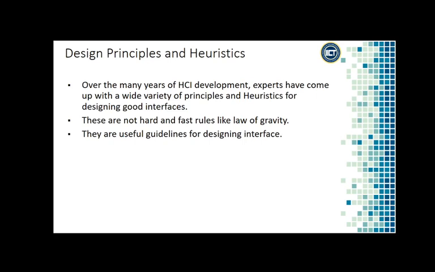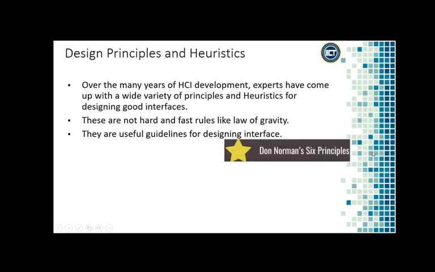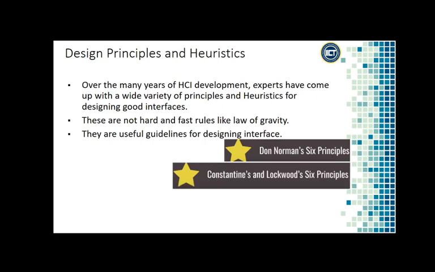So one popular name in HCI is Don Norman, and Don Norman provided 6 principles, and we'll see what those 6 principles were. Another set of principles which we are going to talk about in this lecture is Constantine and Lockwood's 6 principles.